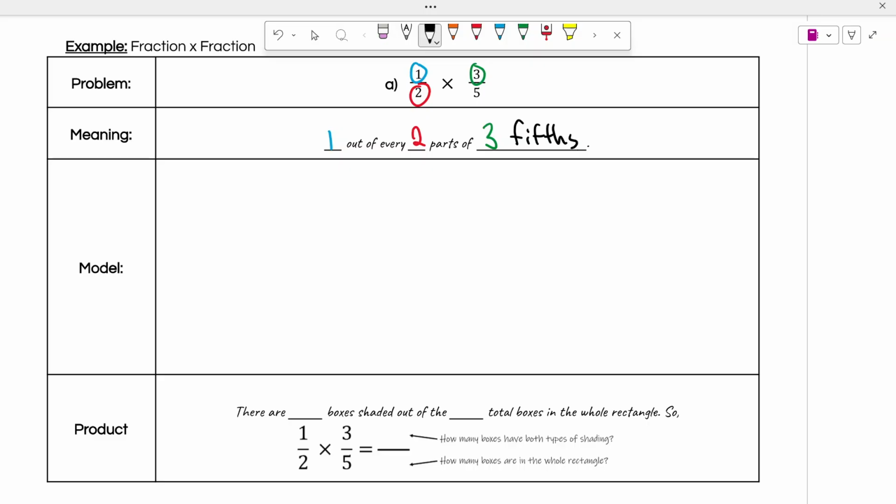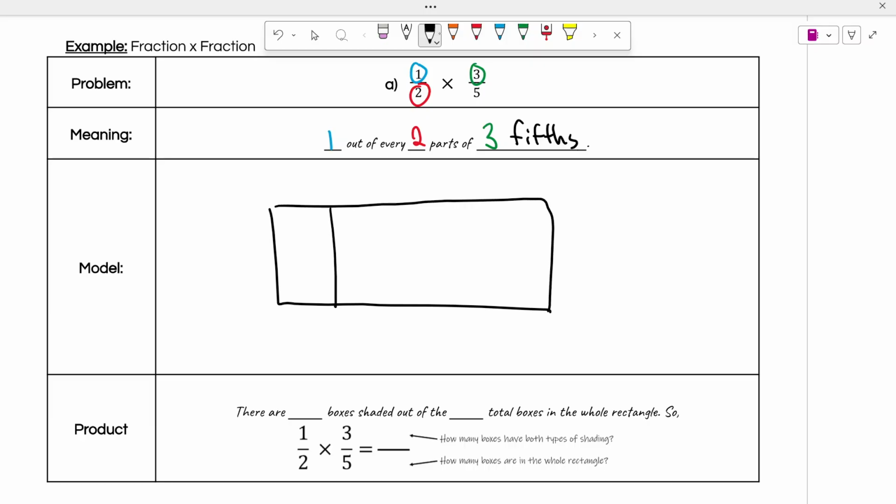Okay, so let's think about what we have at the start, this 3/5. We need one whole to represent 3/5. I'm going to break that whole up into 5 parts. Could have been a little bit more equal, but there we go, kind of.